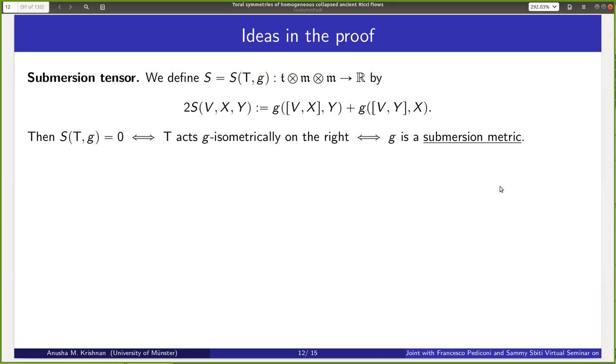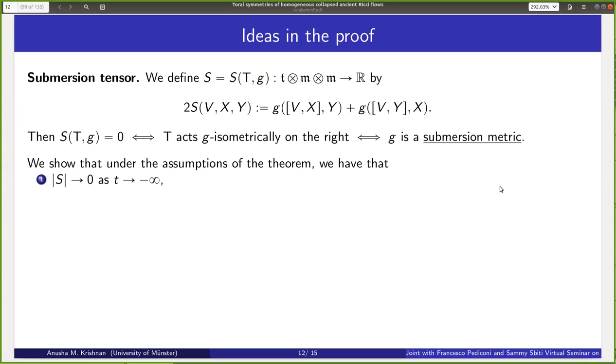And we are interested in showing that the submersion tensor is just dead zero along the flow. So in particular, we show that under the assumptions of the theorem, the following is true. Firstly, that the norm of the submersion tensor goes to 0 as t goes to negative infinity.